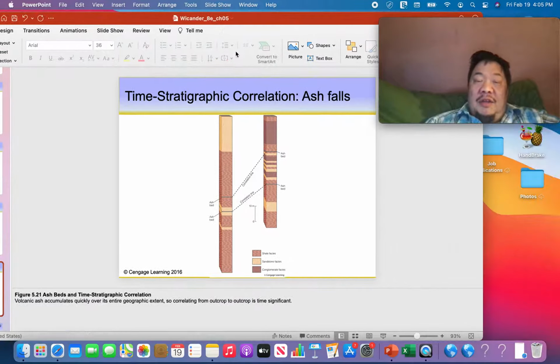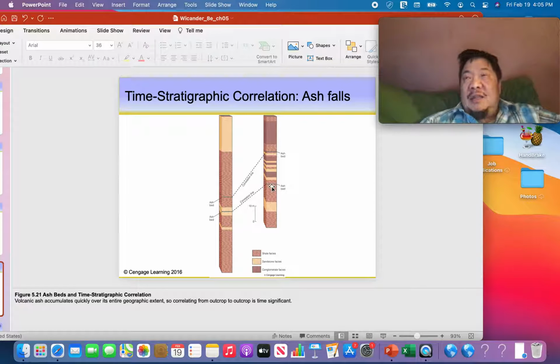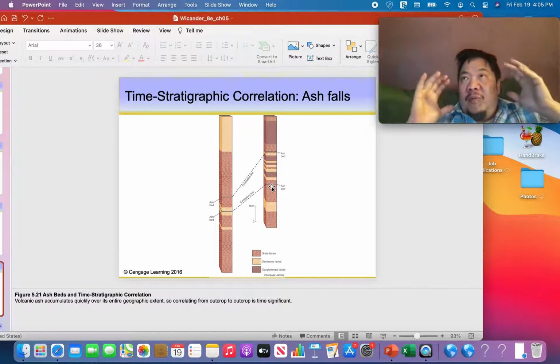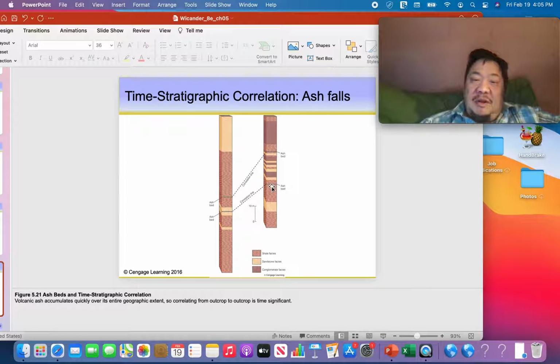Here you can see correlating two stratigraphic columns, and that's what geologists do. And what they did is they used ash beds. Ash beds are excellent time markers because they're formed by volcanic eruptions. So, for example, Mount St. Helens erupted in 1980, right?